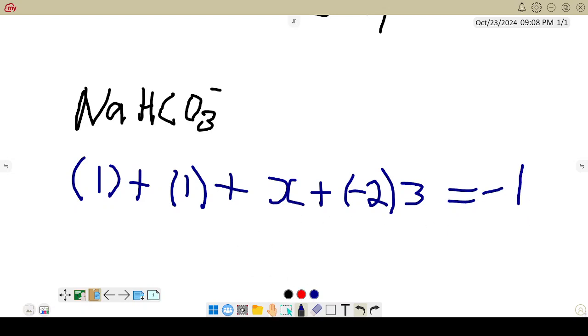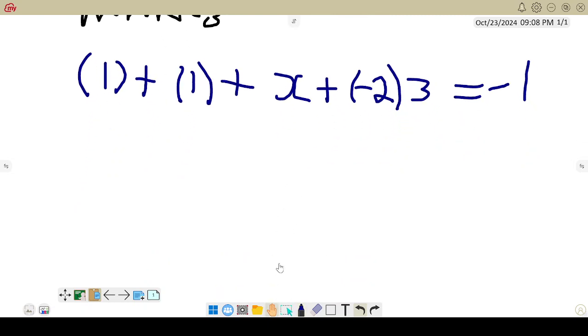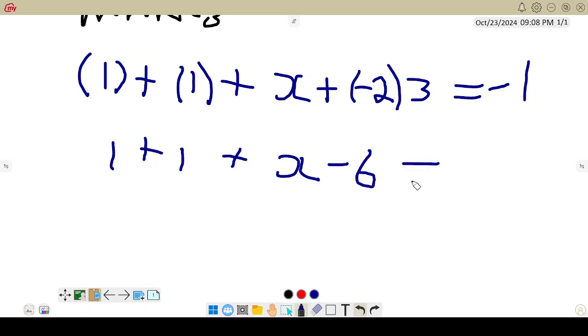We can simplify and see what we get. This will be 1 plus 1 plus X minus, 2 times 3 is 6, everything is equal to -1.